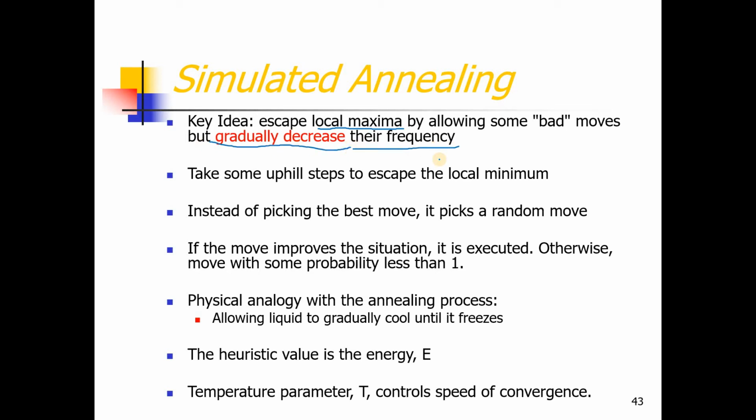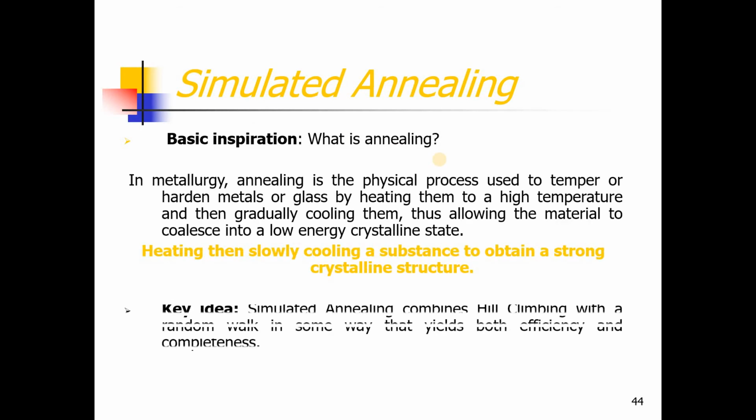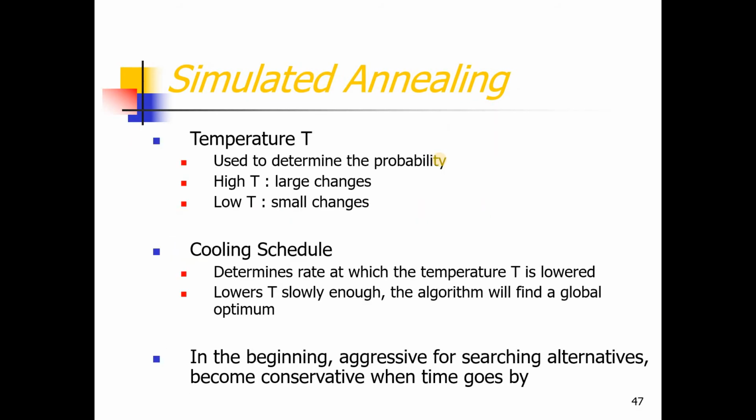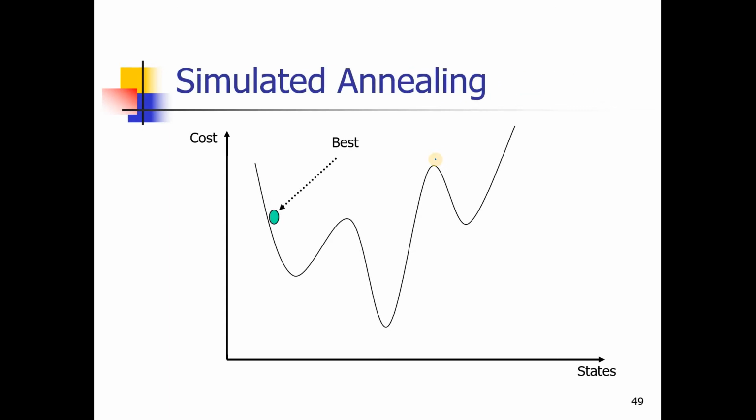So what we do is I will first show you the example and then we will come back to read the theory. Let's go to the example, this one. In simulated annealing or stochastic hill climbing, you start with your initial state and keep on improving this state.